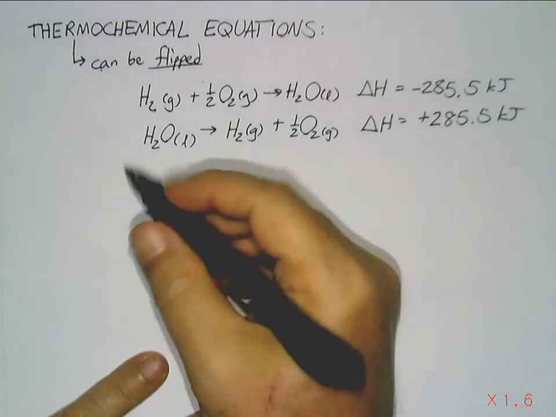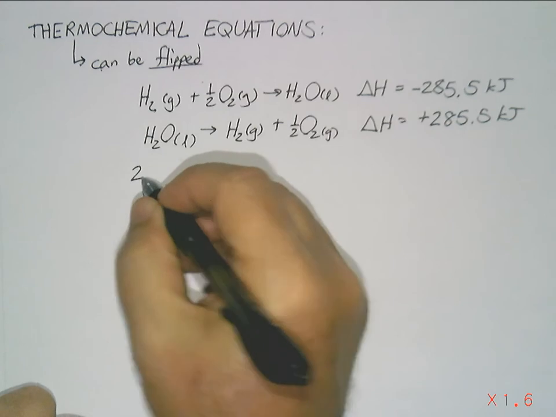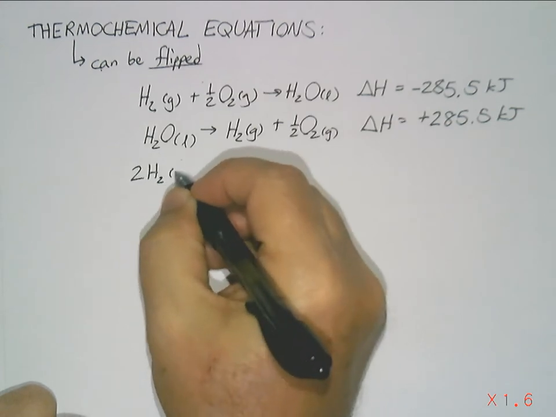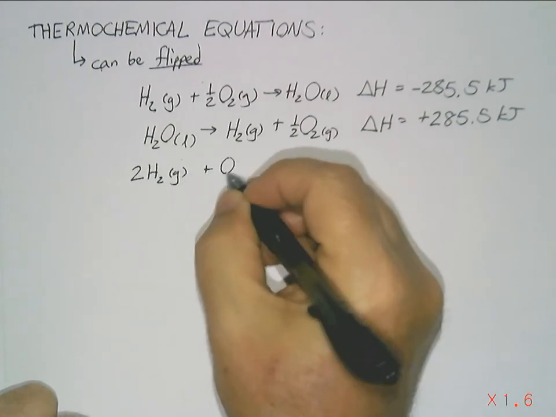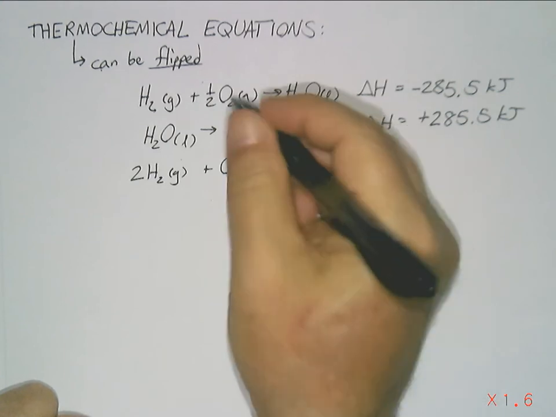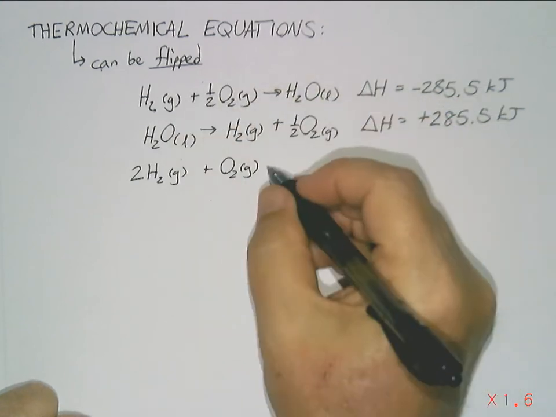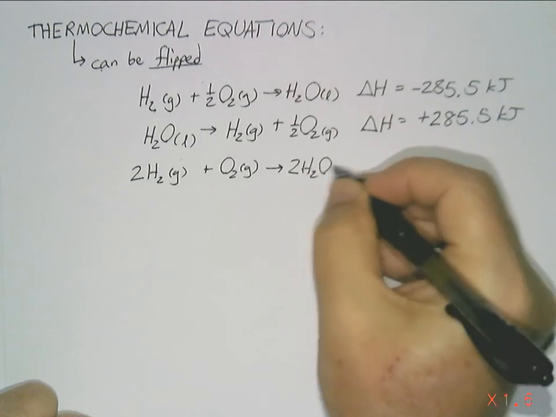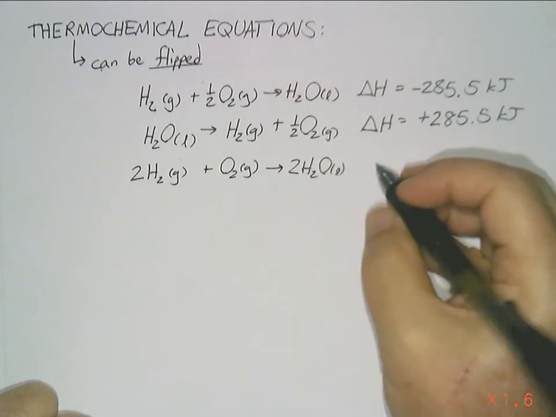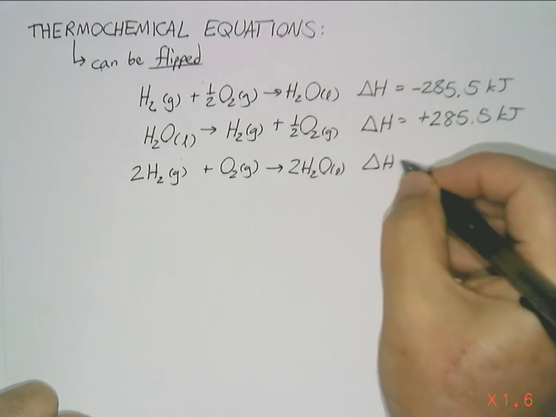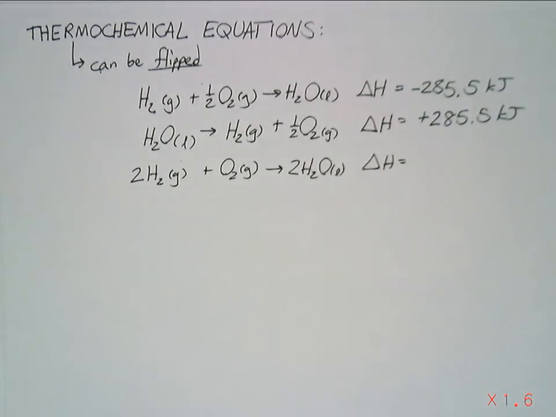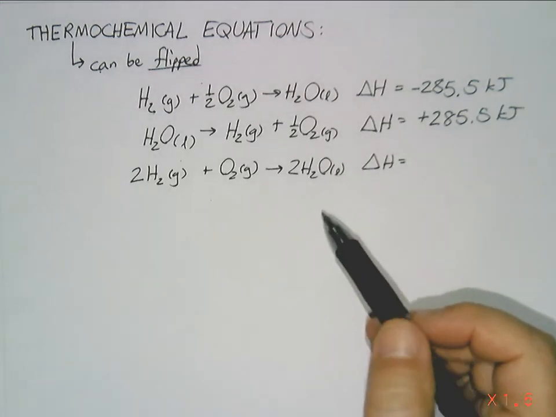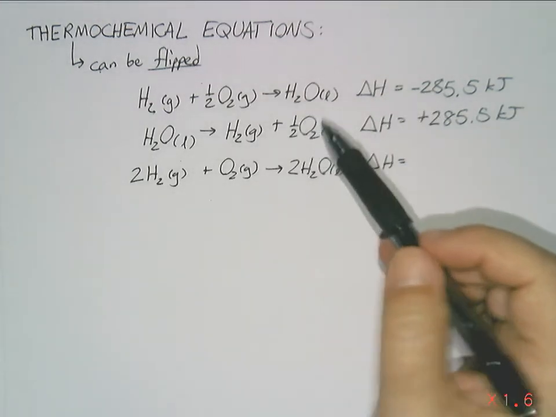Now what happens if you write down that same equation like this? Because it is the same equation. Suppose I multiply through by 2 in order to get rid of that half. What would delta H be now? Can you guess? It's not going to be the same as what it was up here.